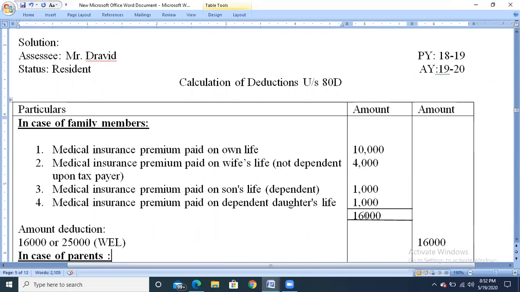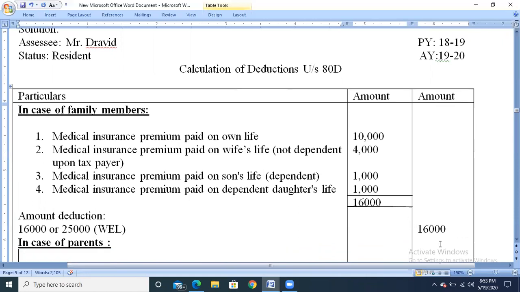All the members are less than 60 years, so up to rupees 25,000 they can claim the exemption. So the deduction amount is the premium paid, 16,000, or the maximum of rupees 25,000, whichever is less. The lesser value is 16,000, so 16,000 will be the deduction amount.